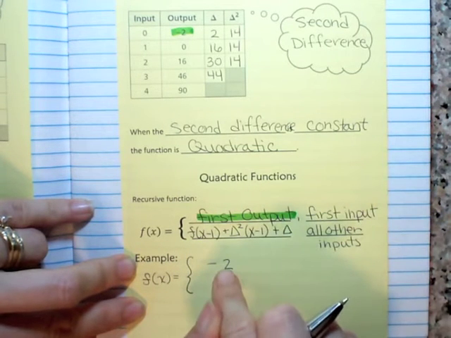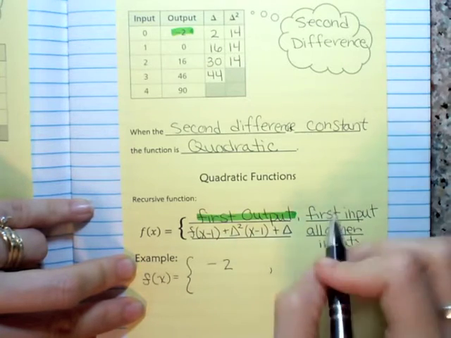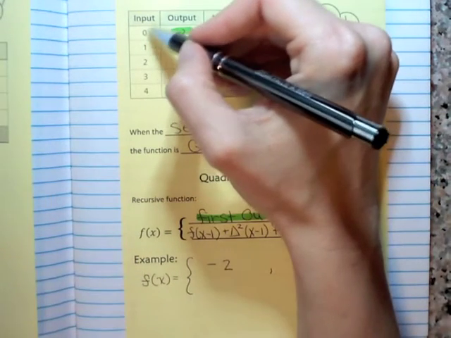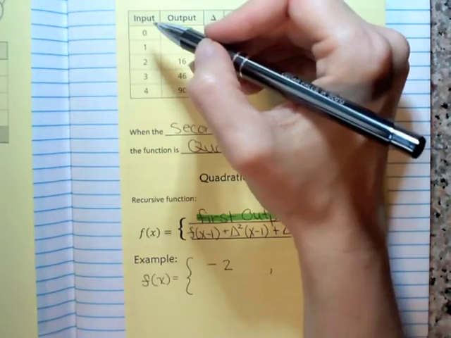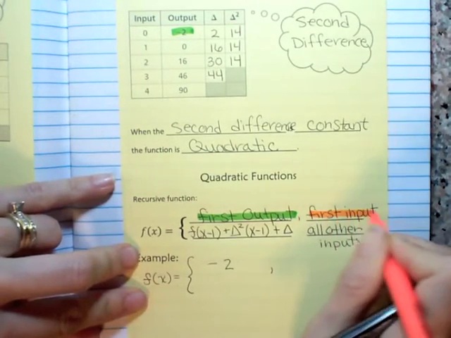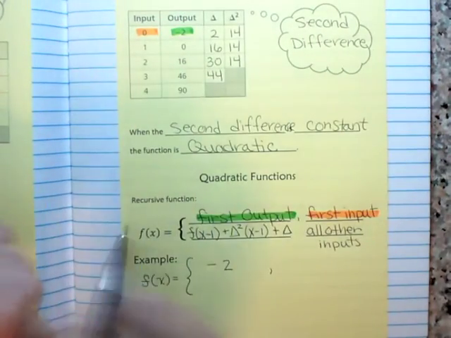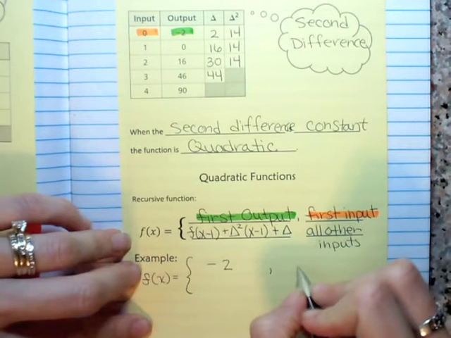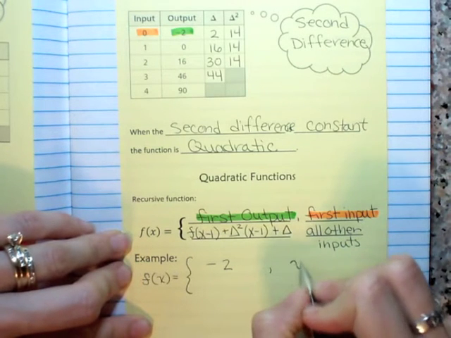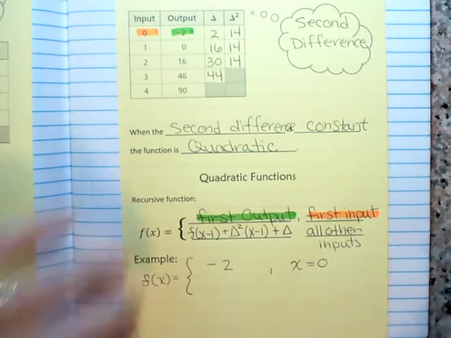So we found that it was -2, and that was for our first input, and in this case our first input was 0. So I'm going to do the same thing and highlight again. That way I remember to come back and look at my table. Oh yeah, my first input was 0, that's where I got that from. So that's if x equals 0.